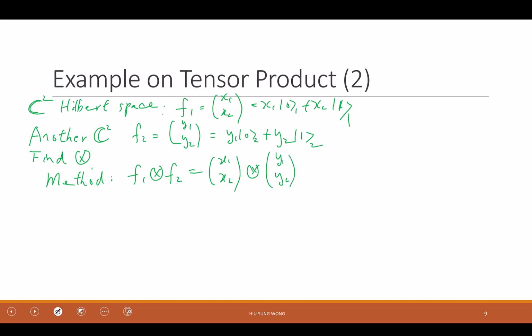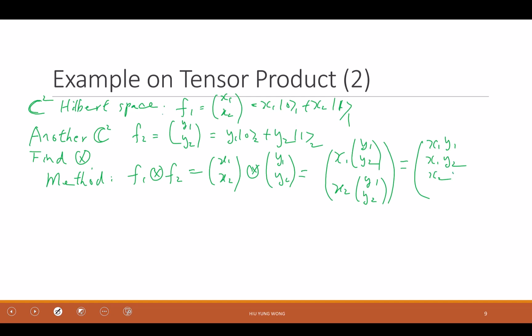Okay, so how do you do it? Why don't you try to do it? I will do it here. As I said, I'm going to put x1 here, y1, y2, x2, y1, y2. So this equals what? x1 y1, x1 y2, x2 y1, x2 y2.